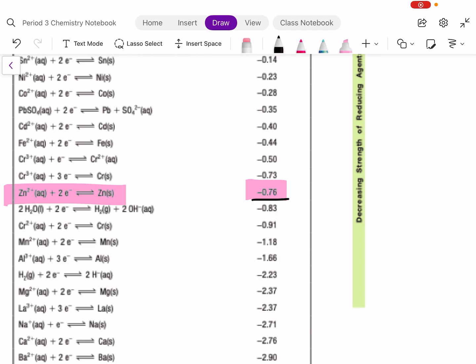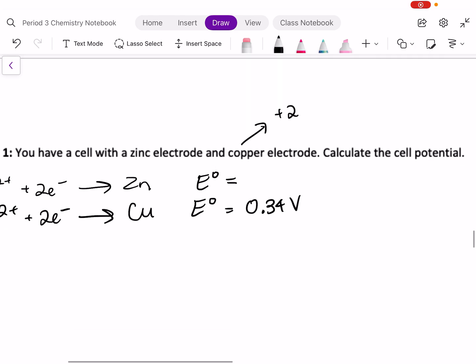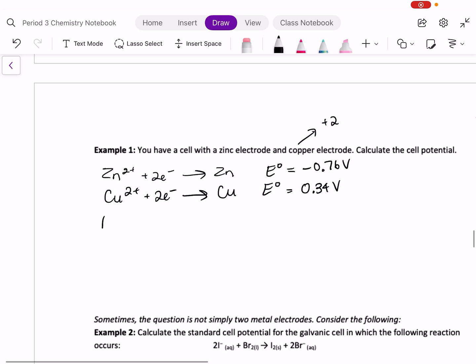So I found copper higher on the list and zinc is much lower, meaning that this is our anode in this example. I'm going to put this into my equation. E naught is equal to E naught of my cathode minus E naught of my anode.